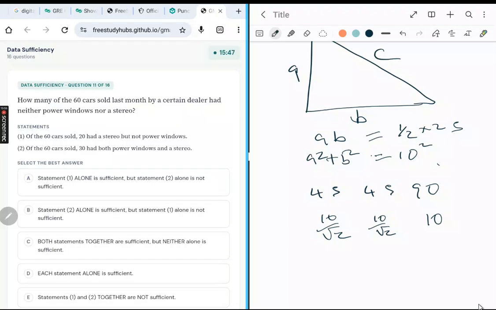So what is missing here? Time is going. So what could be the answer of this one? I will choose.